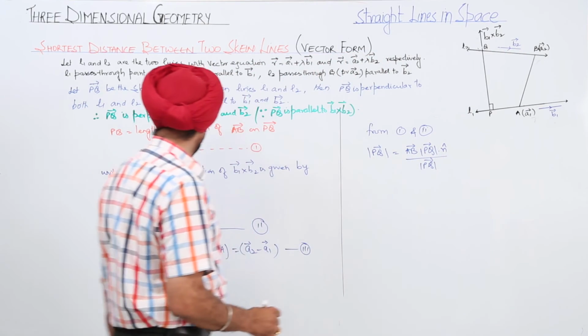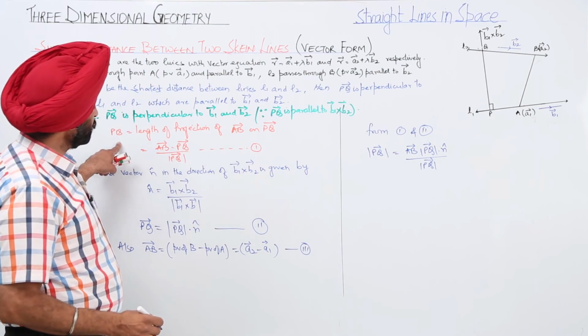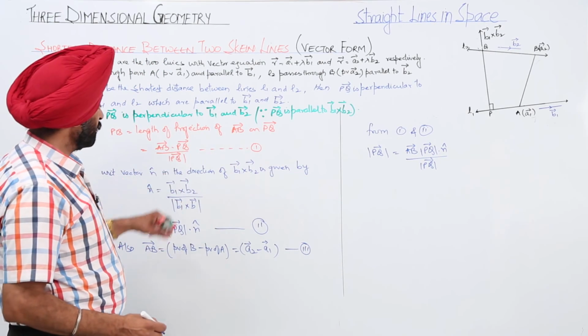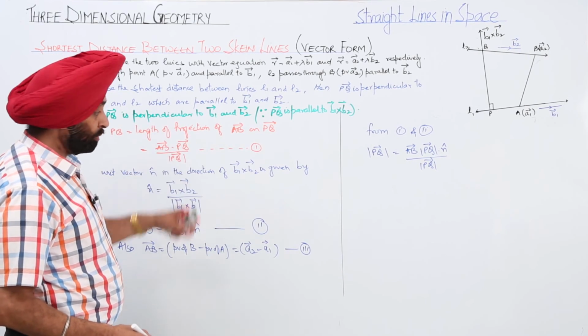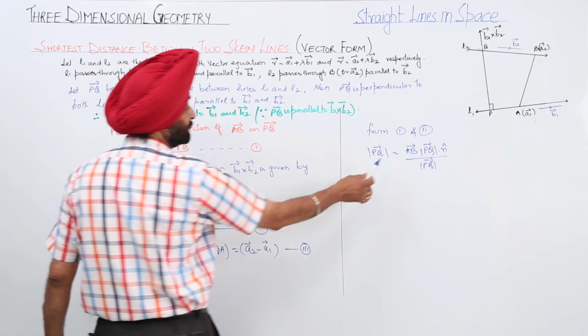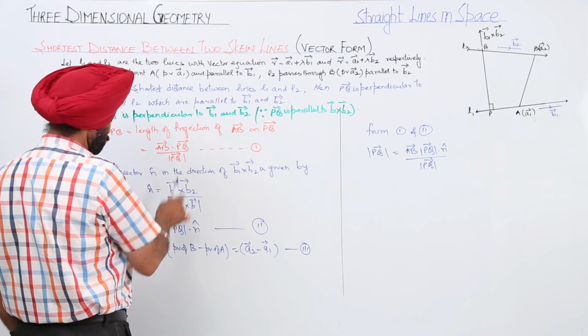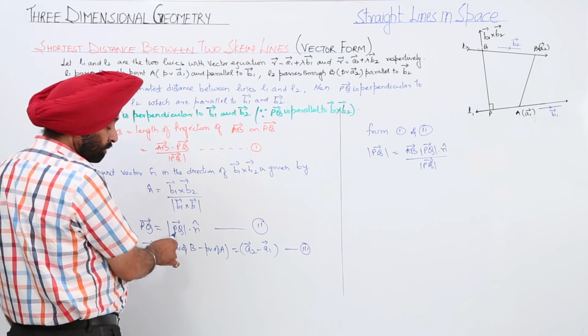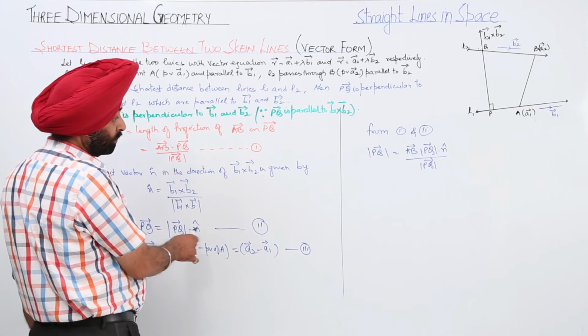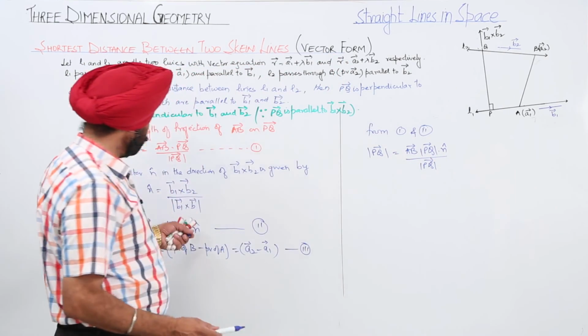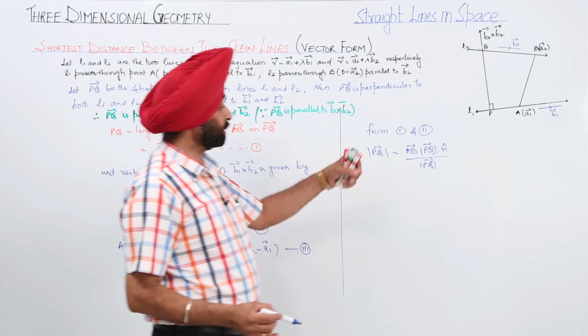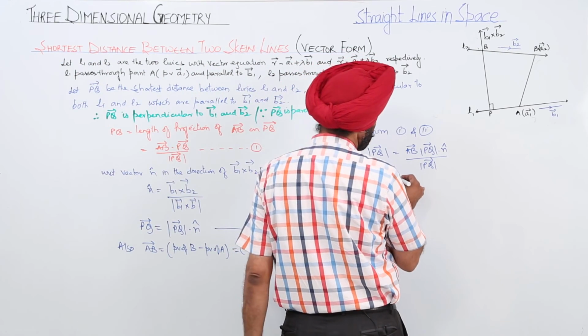Now just check it. You already have the length of the projection of AB on PQ, AB dot PQ upon magnitude of PQ. Now AB as it is and PQ from here we have magnitude of PQ dot vector n, so I have written magnitude of PQ dot vector n upon magnitude of PQ.